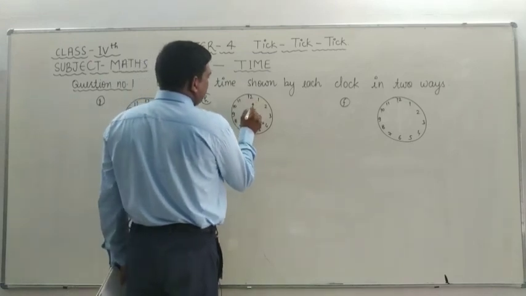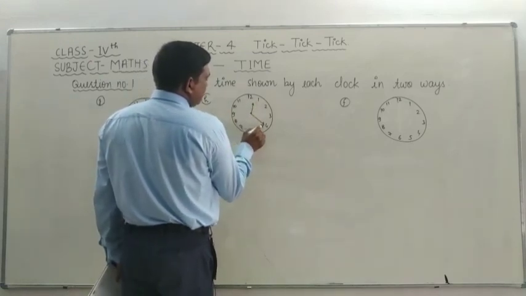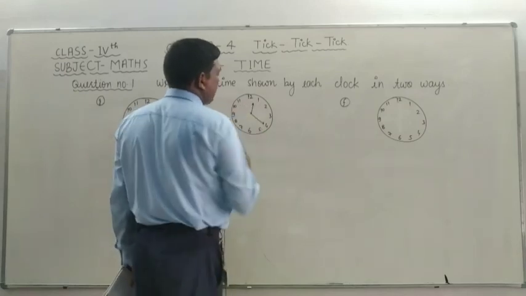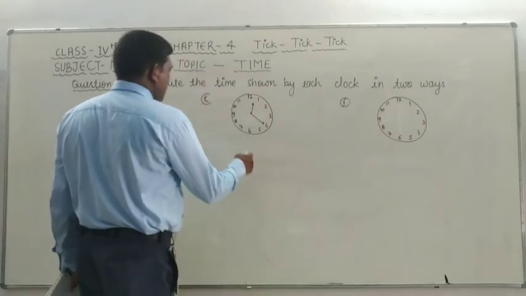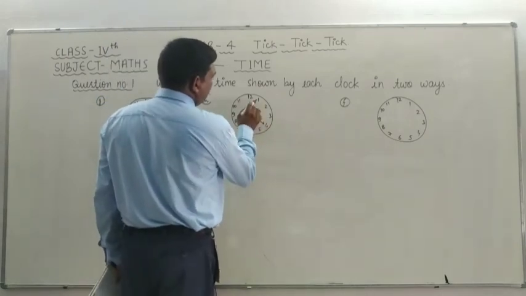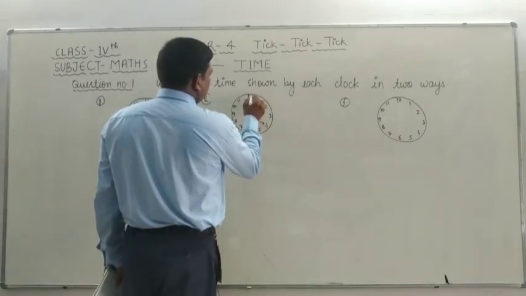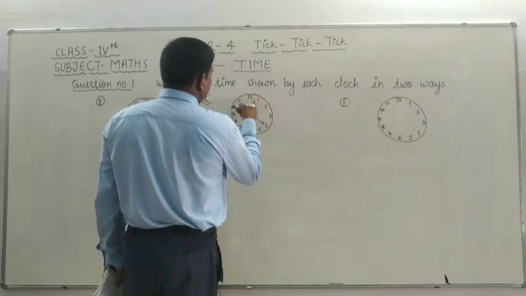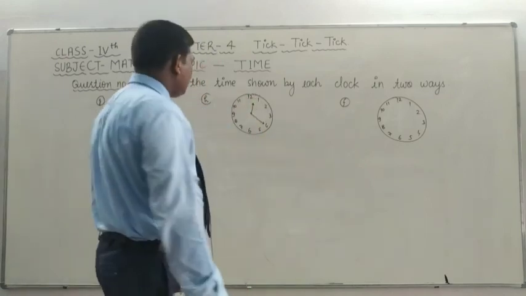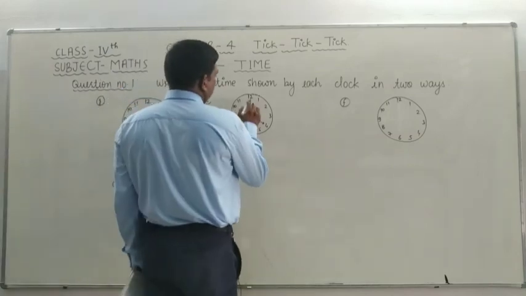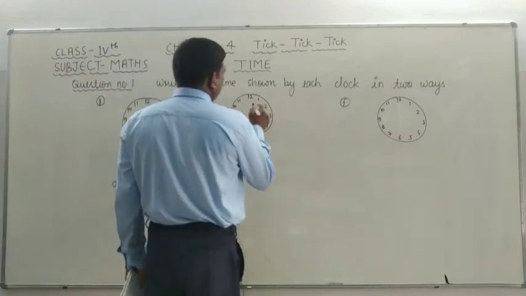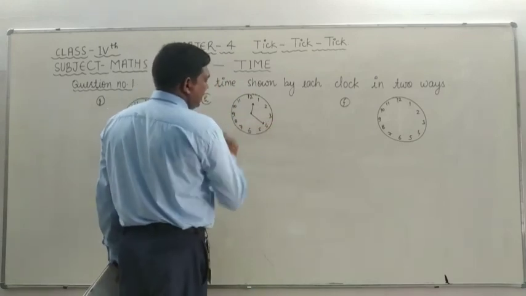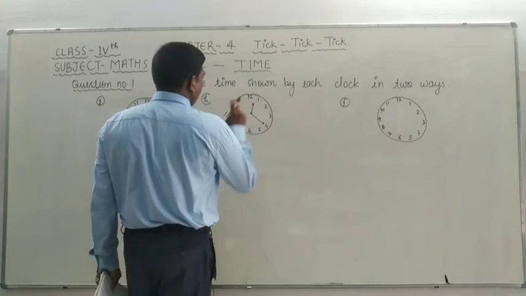Similarly, look here carefully. Here the minute hand is exactly at 4 and the hour hand is exactly between 12 and 1. Therefore, we count one by one. Here we see that the time is 20 minutes past 12.